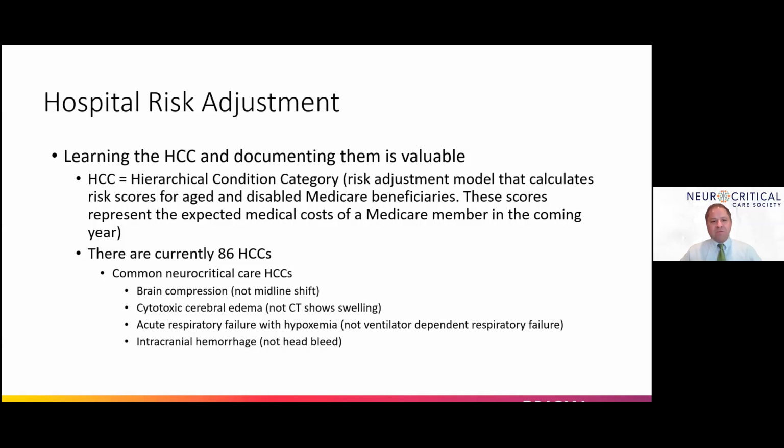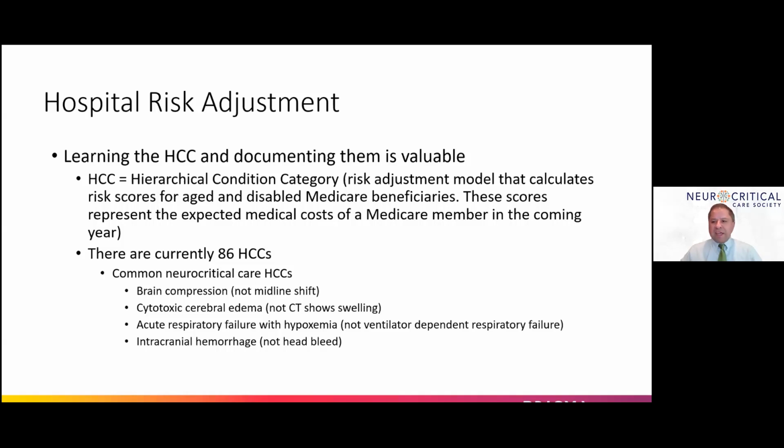These scores represent the expected medical cost of a Medicare member in the coming year. So basically, the number of HCCs that are documented, again, appropriately, we're not suggesting that anybody documents something that is not correct, determines how ill the patient is and also determines how much the hospital gets paid.